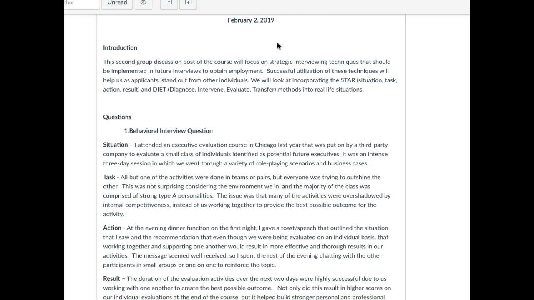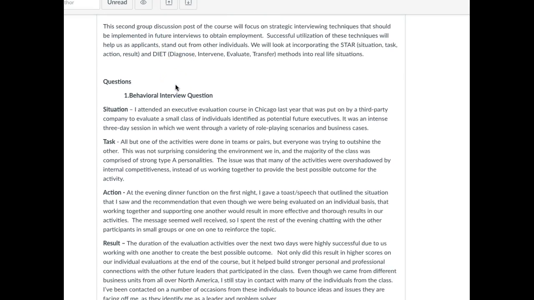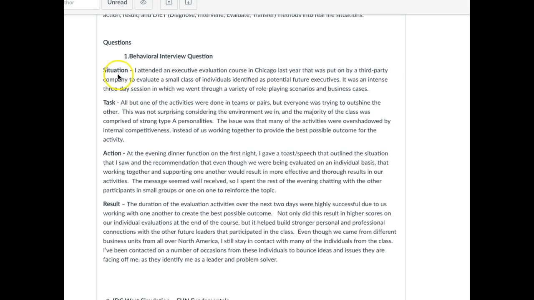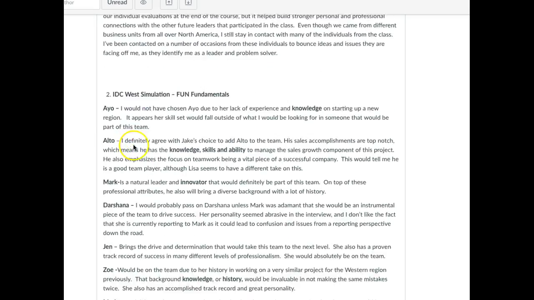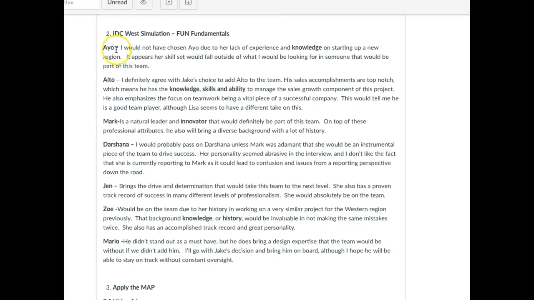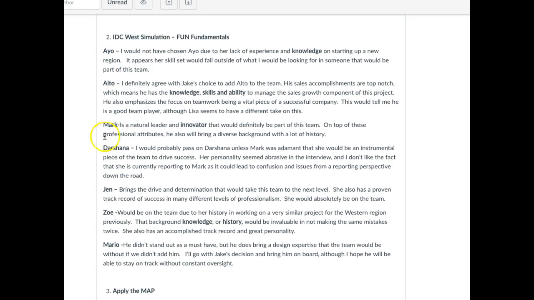This one here is Travis from Group 1. The format at the top is good. He had an introduction. Notice how in the behavioral interview question he used the STAR format, really clearly marked, so it's easy to follow. I like the way on this IDEC West simulation, he did a little discussion on each person with a rationale, which was a good way to approach this, because there's not a clear-cut best answer.